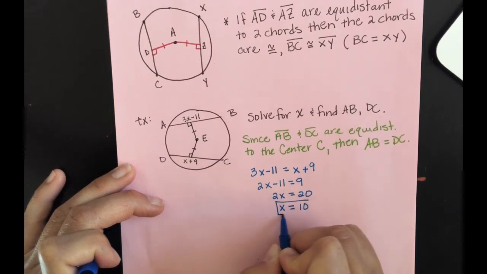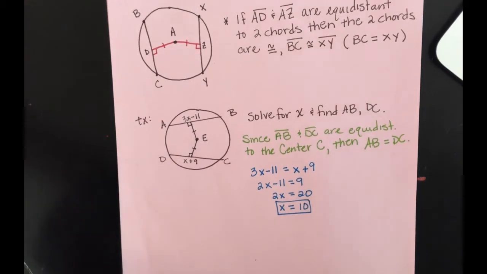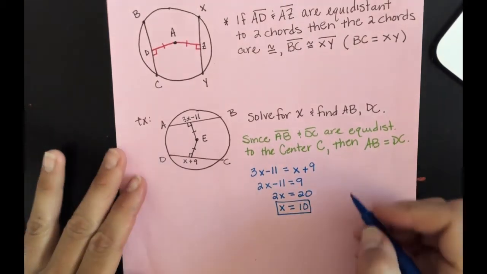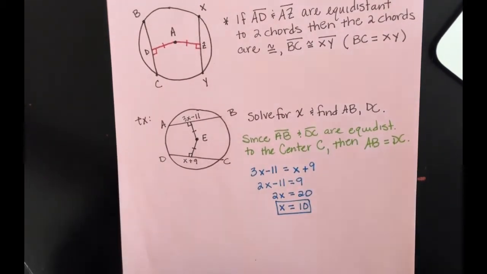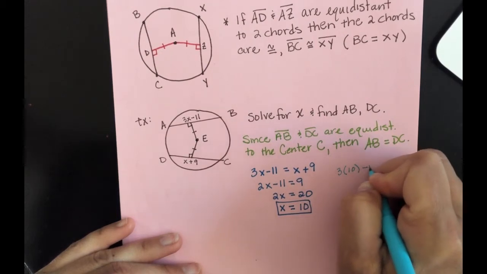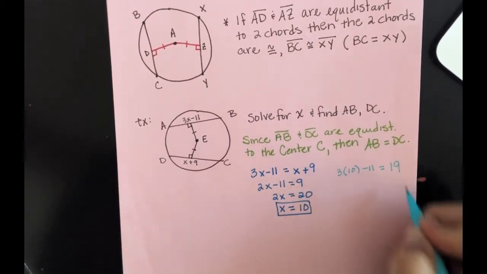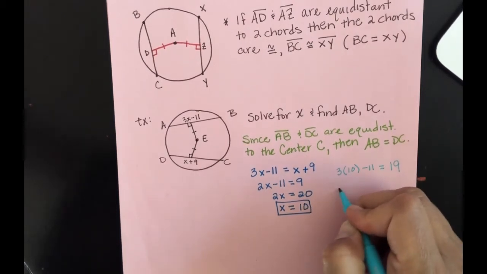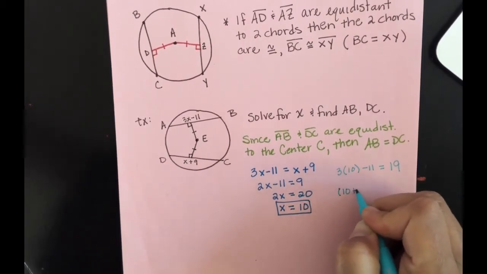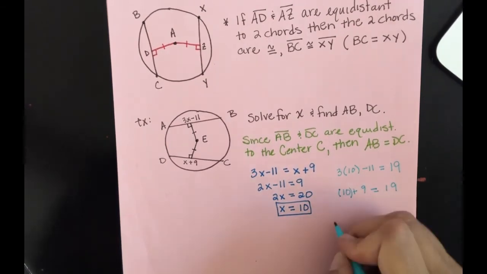So there's one of the requirements. Then when we plug that back in, we are going to end up with 3 times 10 minus 11, which would be 19, and 10 plus 9 would equal 19.